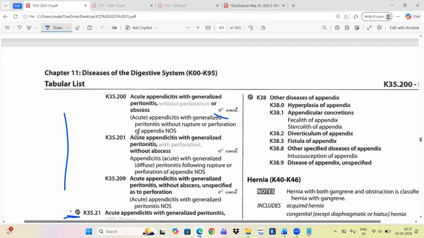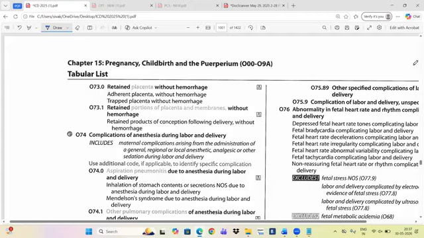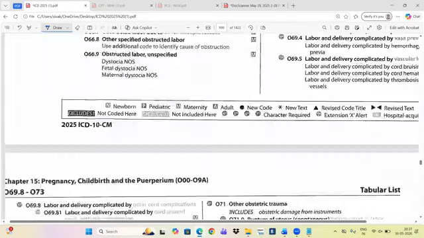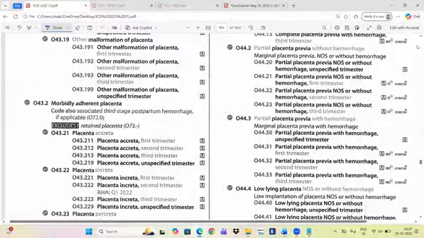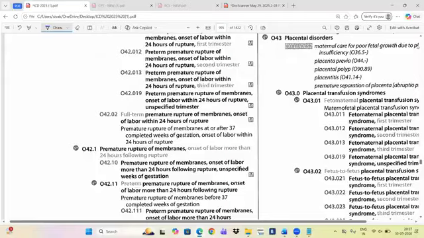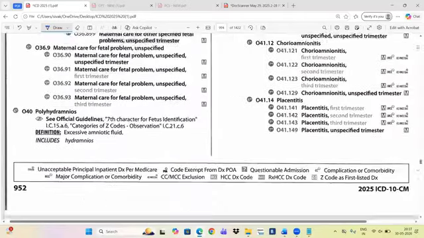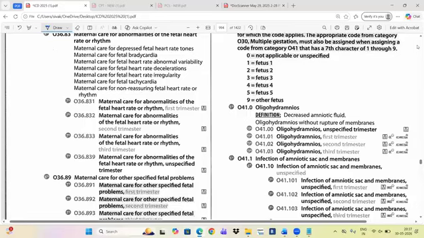Yes or no, guys? 0 for unspecified trimester. You are getting up to O4100, and beside O4100 they have given a seventh character required, correct? Yes, sir. So the sixth character, there is no sixth character. If there is no character, what do we need to do? Placeholder. Placeholder X. Yes, sir. Sixth should be placeholder X.